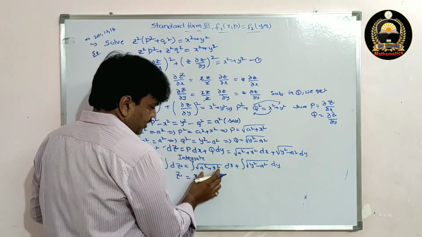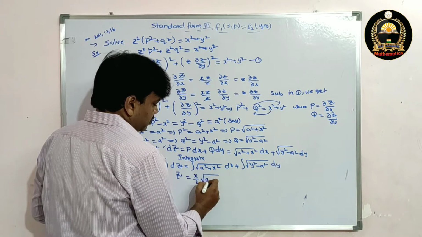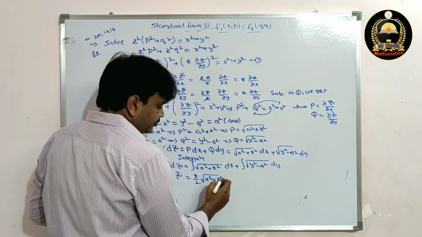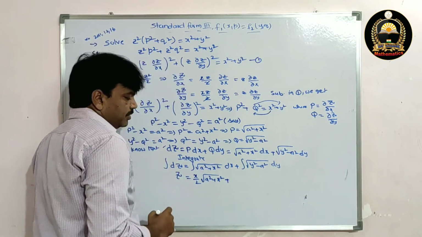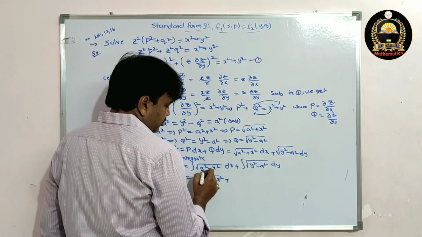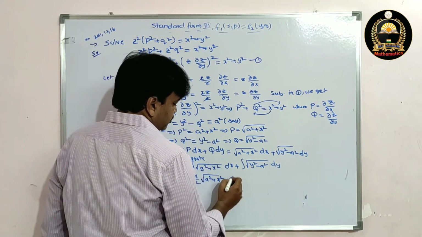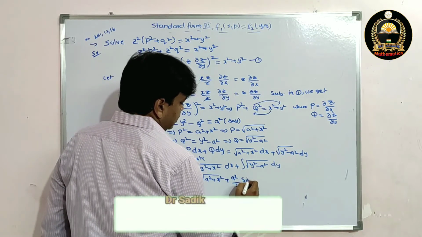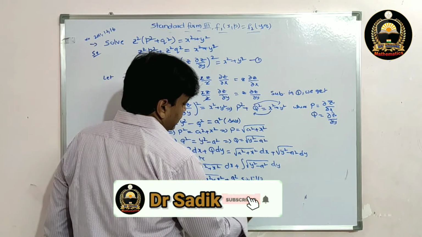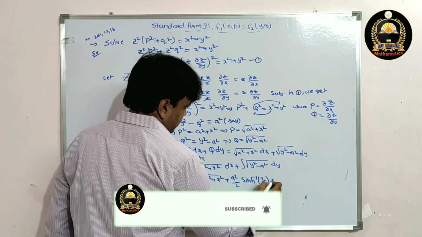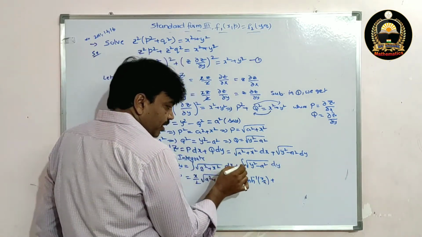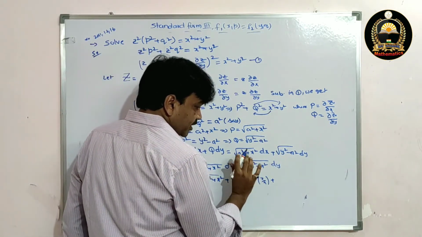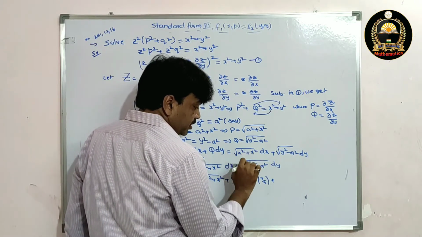You write as it is, square root of a square plus x square, plus a square by 2 sine h inverse x by a, plus this time I have y square minus a square, not x square minus a square, y square minus a square.